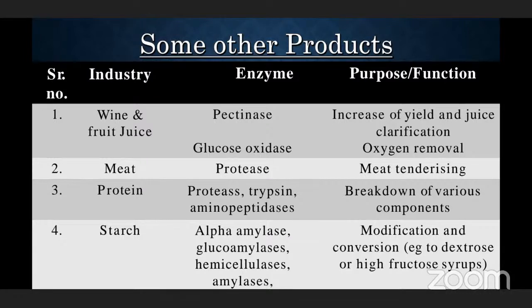In the protein industry, we use proteases, trypsin, aminopeptidases for breakdown of various components. And in the starch industry, we use alpha amylase, glucoamylases, hemicellulases, amylases for modification and conversion, like to dextrose or high fructose syrups.